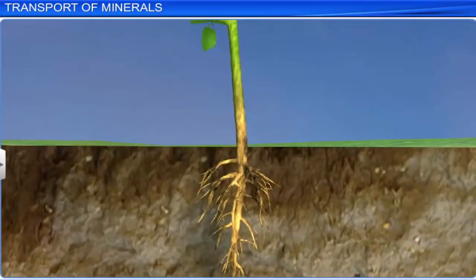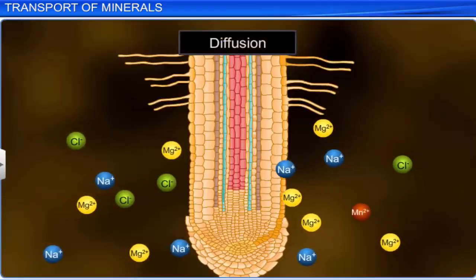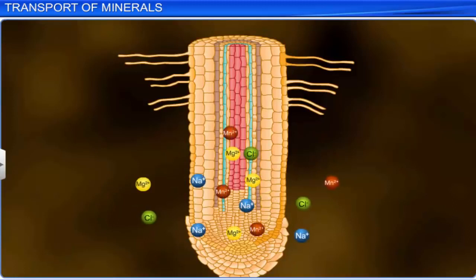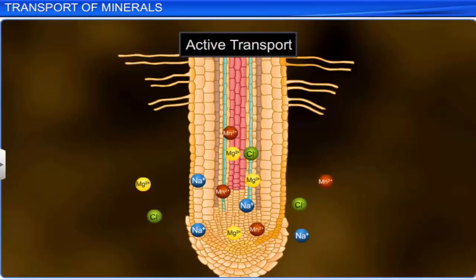Mineral ions move into the root by diffusion whenever the mineral concentration is higher outside the root. On the other hand, active transport takes place when there is higher mineral concentration inside the roots than outside.